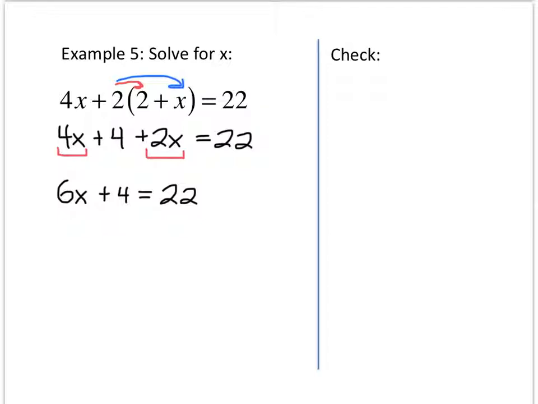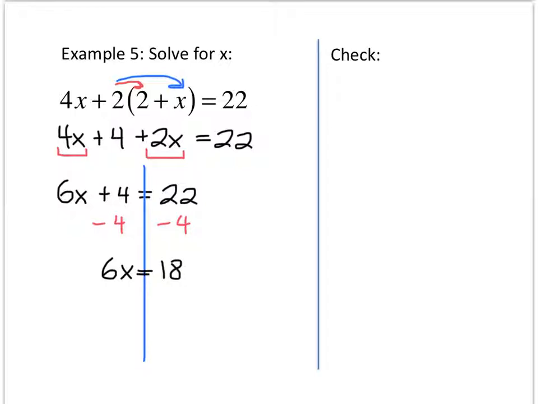So I'm going to put up our line down the middle of the equation here. The first operation I need to cancel is the last one by the order of operations. So I have to deal with this addition here, and I'm going to deal with this addition by the inverse of addition, which is subtraction. So I'm going to subtract 4 from both sides, leaving me with 6x equals 22 minus 4, which is 18.